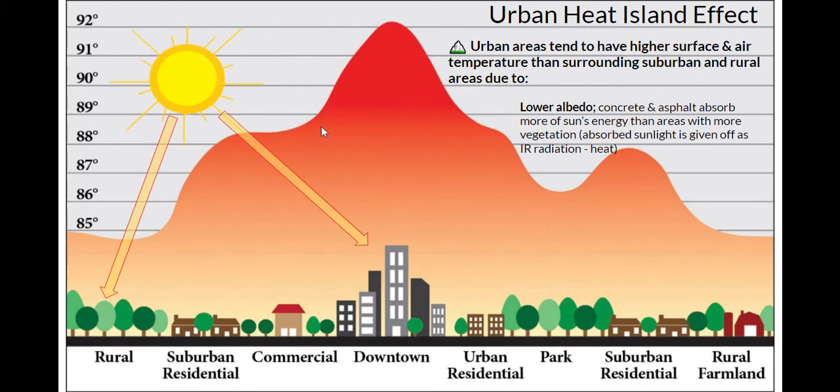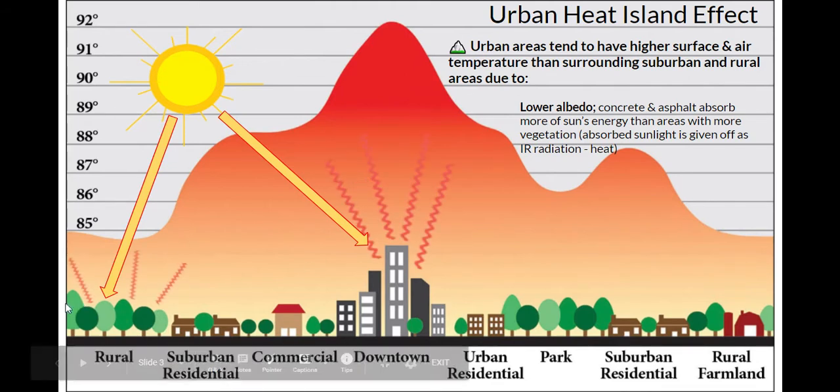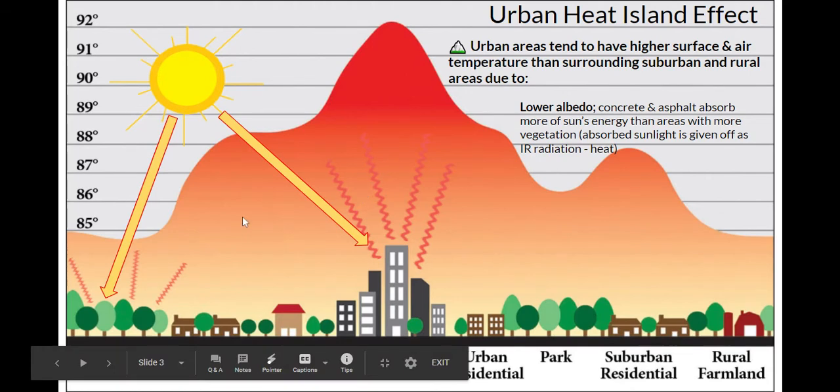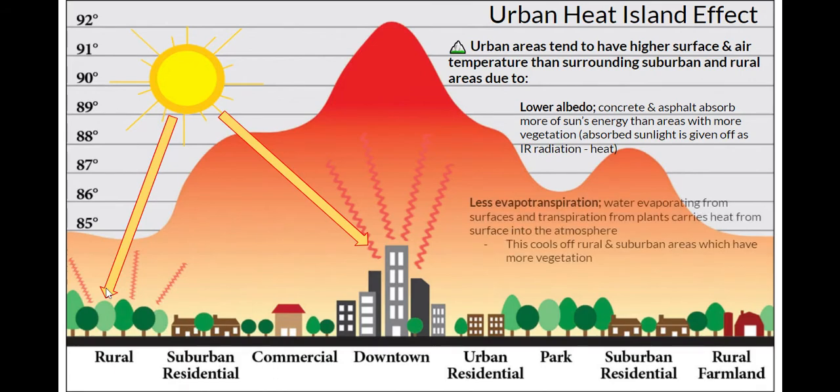So the sunlight comes down, hits the buildings, and reflects up as opposed to being absorbed. So you can see it's reflecting up much, much more rapidly than over here in the rural and suburban areas. There's less evapotranspiration. In other words, less evaporation due to trees.